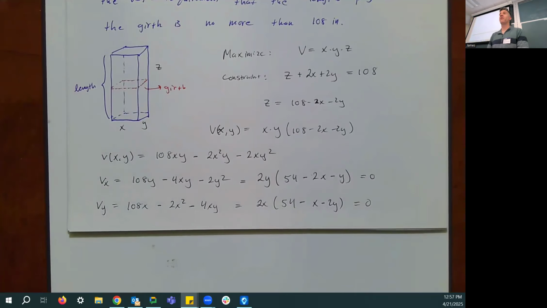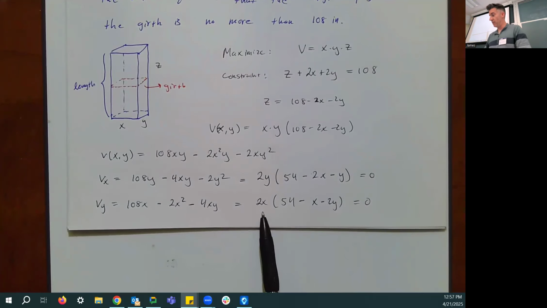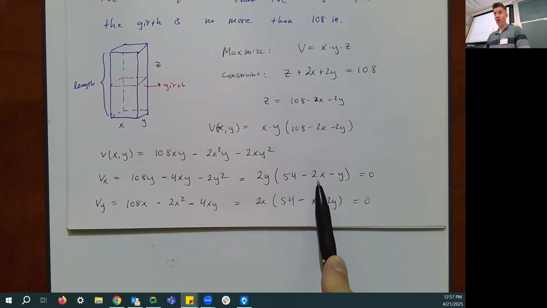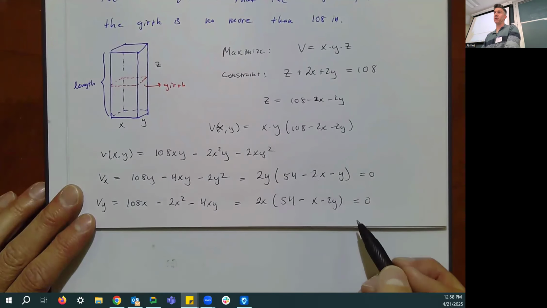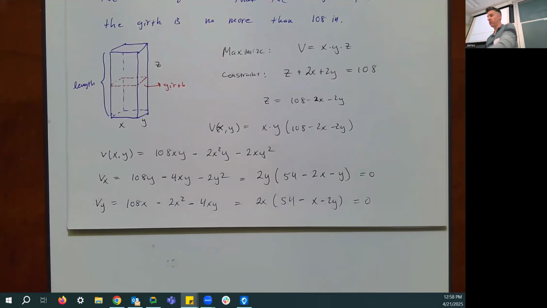And we know 3 of the 4 critical points you could find are not valid in that you're going to have x and y both 0, or y equal to 0 and this equal to 0, which means x is going to be 54, or x equal to 0 and this equal to 0, which means y is going to be 54, or the actual way we're going to get the critical value, which is by setting each of these parts equal to 0 and finding the solution where x and y are both not 0. Because again, x equal to 0, y equal to 0 just doesn't make sense here.